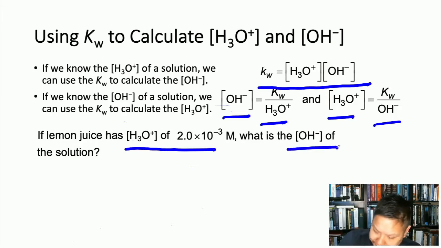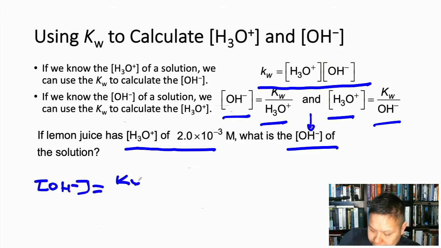Well, that's really simple, right? We want to look for the hydroxide ion. So the OH minus concentration equals Kw over the hydronium ion concentration, right?